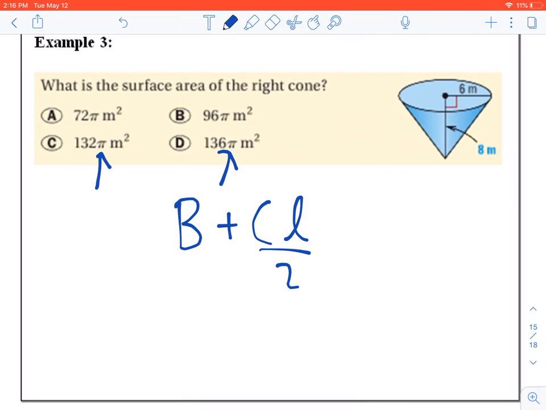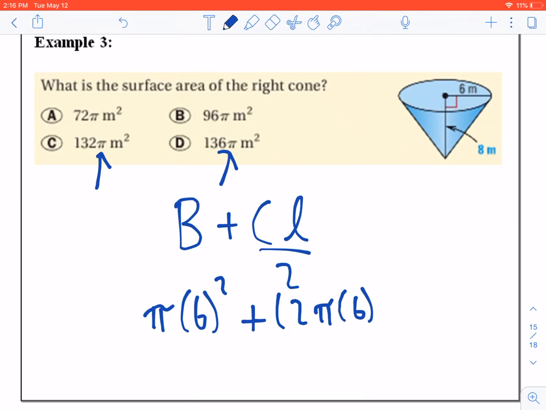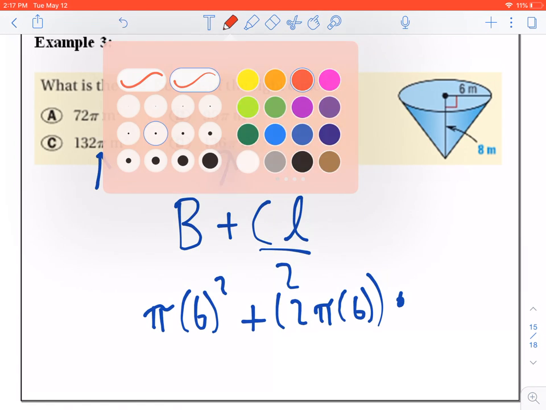Area of the base, your base is a circle with a radius of 6. So it is pi times 6 squared plus the circumference of your base. Circumference is 2 times pi times your radius, which again was 6, times our slant height. Our slant height here we do not know.